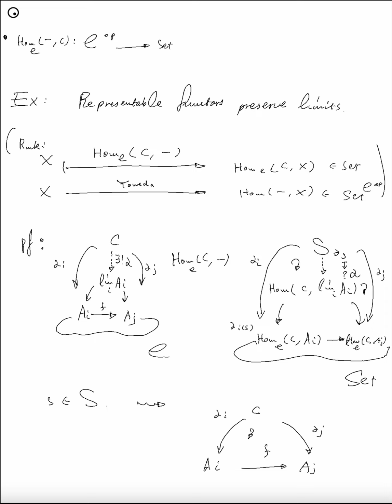let's say, what do we have to check? We have to check this alpha from C to lim A_i, then mapped to C to A_i, and through this, let's call this beta_i.